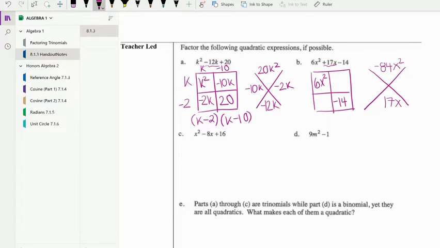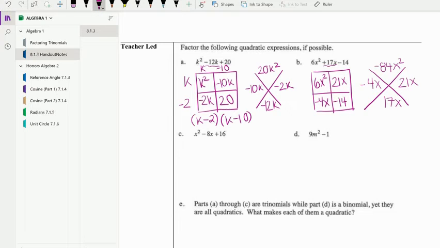So we need two numbers that multiply to negative 84, but add to 17x. So in this case, it's going to be negative 4 and 21. So 21x minus 4x is 17x, and 21 times negative 4 would be negative 84. So it does not matter where you put them, either way.